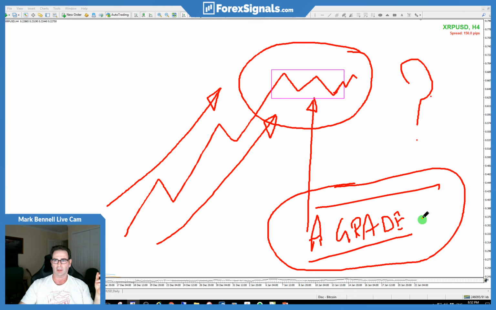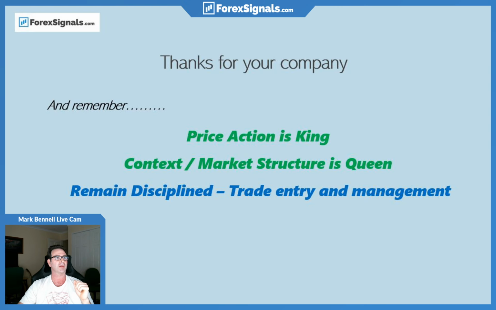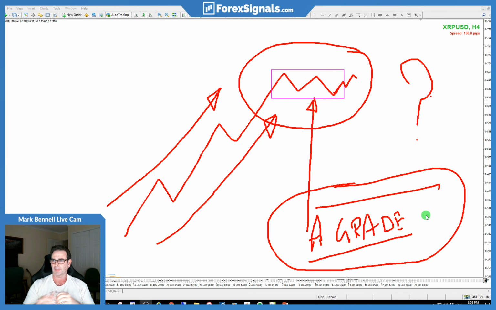No. Let me give you a hint. Now, I'm not going to exit the trade. I'm not going to exit the webinar. Let me give you a hint. What do we finish on? So what's just as important as the setup?